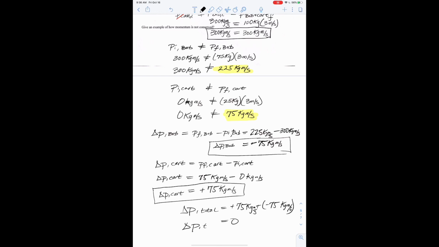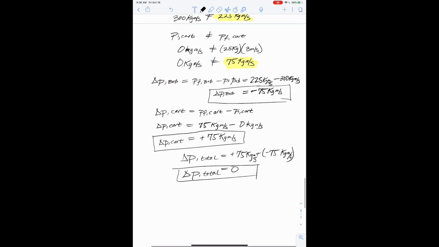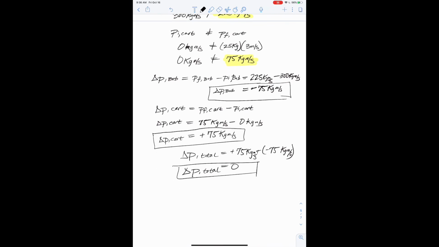So the total momentum is conserved. There's no total change in momentum of the system because there's no external forces causing an impulse. External forces cause an impulse, which changes the momentum of the system.